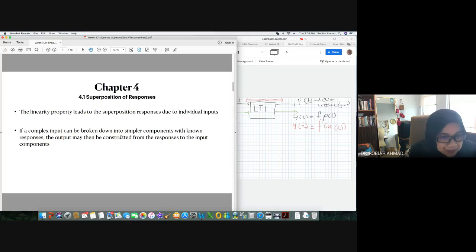If a complex input can be broken into simpler components with known responses, the output may then be constructed from the responses to the input components. Now the inputs to the LTI are no longer the impulse but a different input, but we can still look into the relationship.